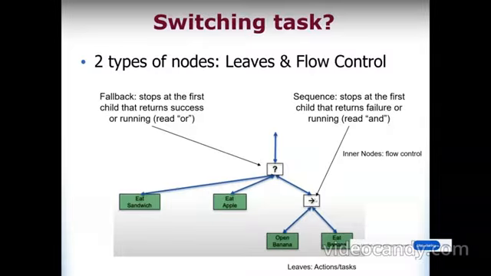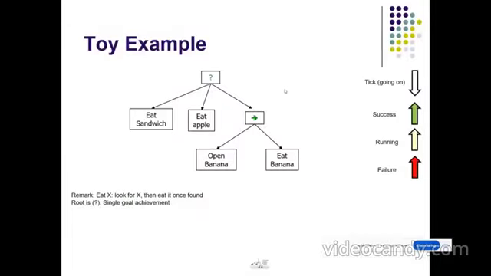And as you can see, there are some tasks that will be executed. And depending on this condition, depending on which one is successful, which is not successful, the task will be executed. And in a second, we will see an example. Okay, so let's look at this example. This example starts at the top with the root.